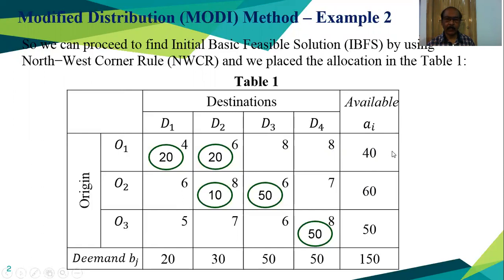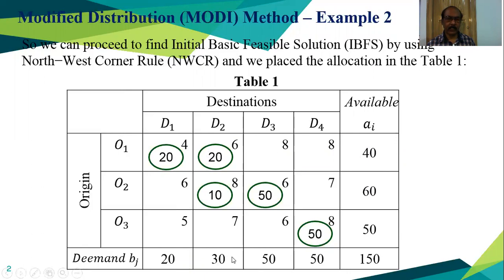Since we are left with 20, we move to the right in the same row. Here 20 is available and 30 is the demand, so in cell 1, 2 we allocate the minimum, which is 20. So the availability of 40 is exhausted and the demand left is 10.